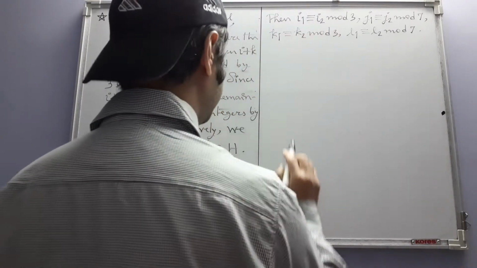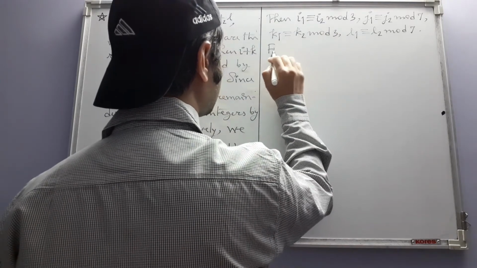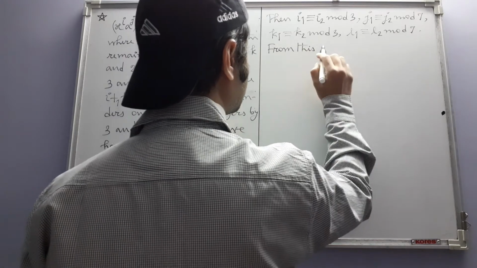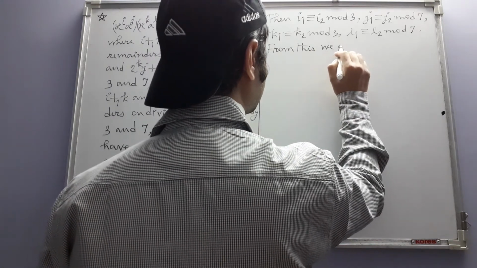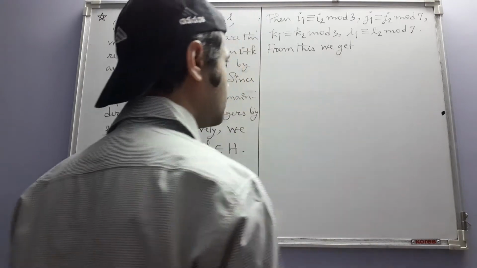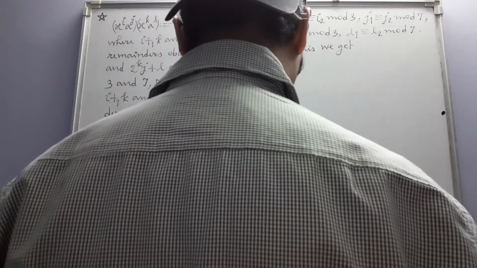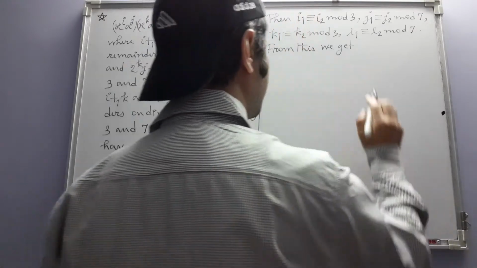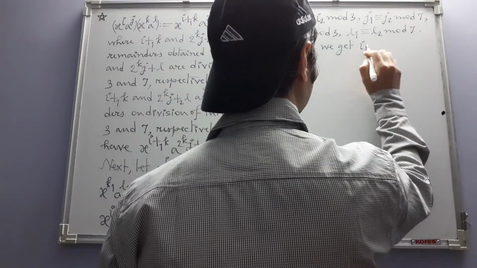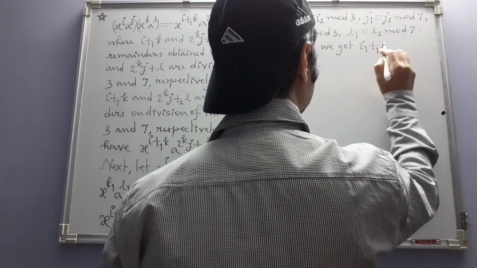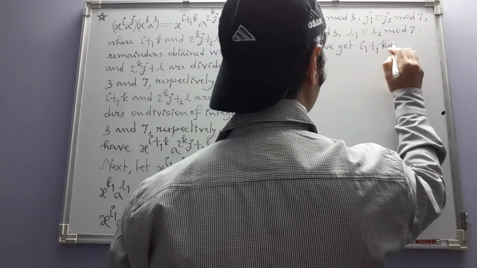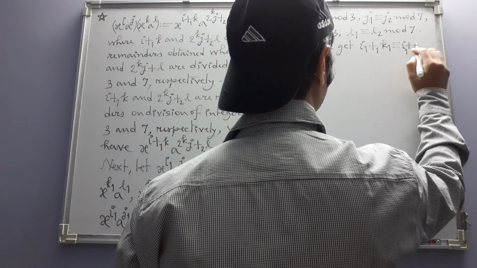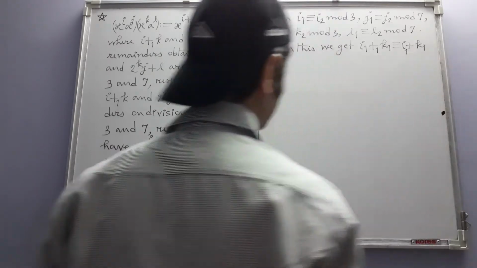From this, we get what? I1 plus K1 is congruent to I2 plus K2 mod 3.